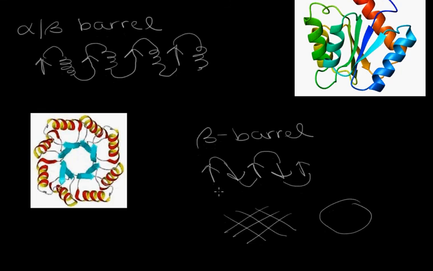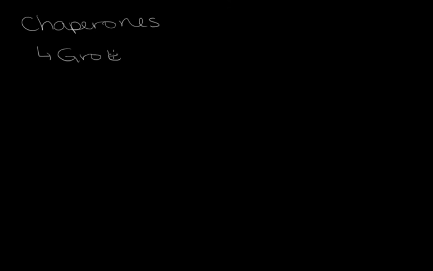Okay. And it wouldn't be talking about 3D structure of protein unless we talked about how the 3D structure of proteins happens, and it's through these magical proteins called chaperones. And the most common examples of chaperones are the GroEL and the GroES.